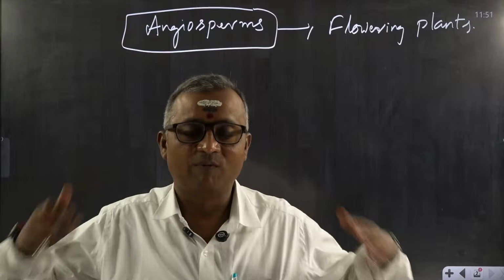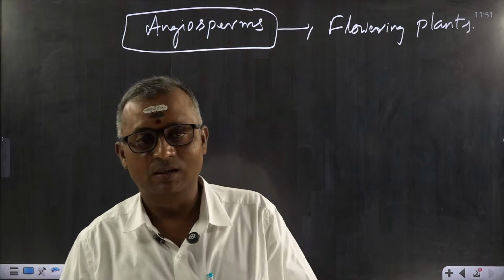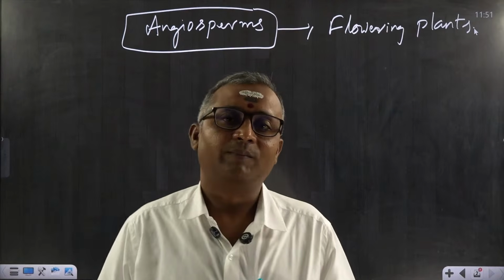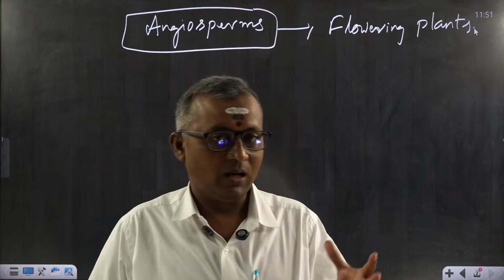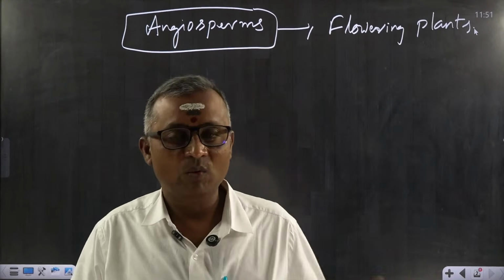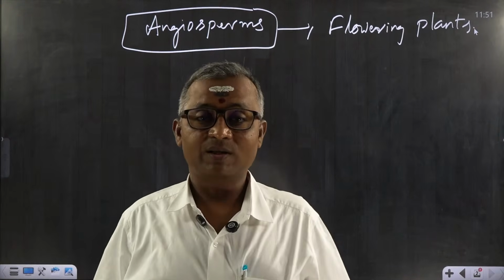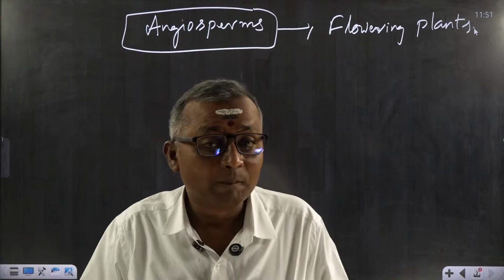Morphological details in the sense like how the root system exists, shoot system exists, and leaf, flower, fruit, seed, everything. Both their external features and internal features come under morphology.